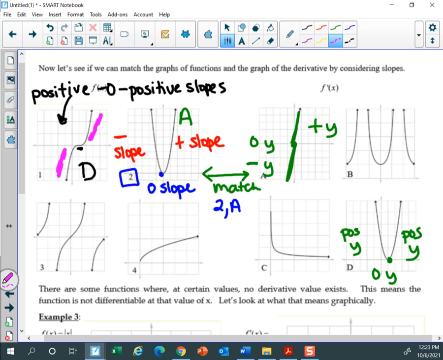Let's talk about 3. Positive slopes, lots of positive slopes, but undefined spaces. So positive slopes and then nothing, and then a bunch of positive slopes and then a gap, and then a bunch of positive slopes.